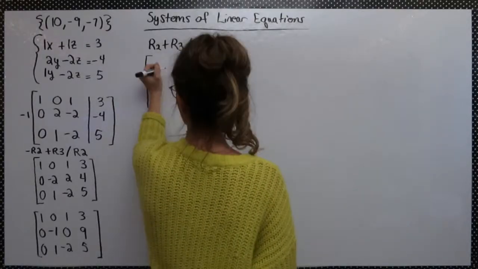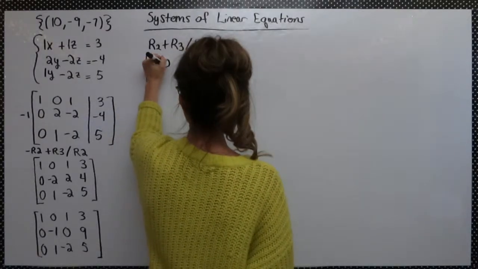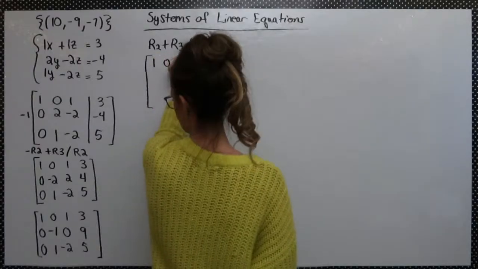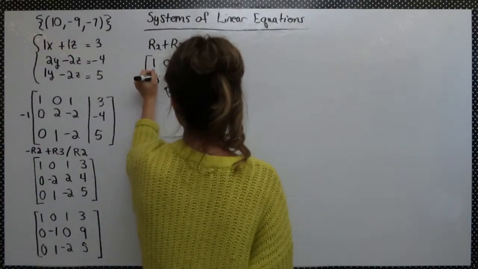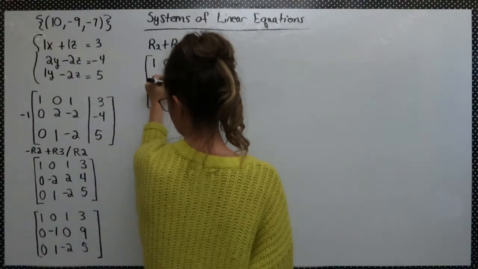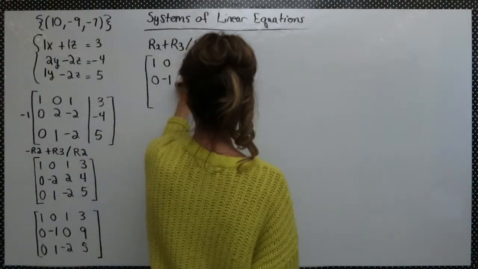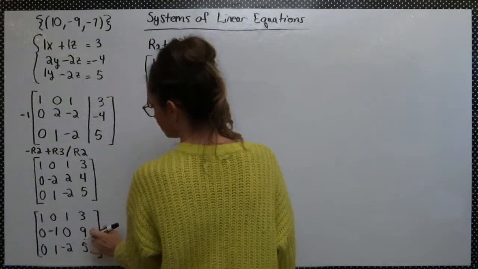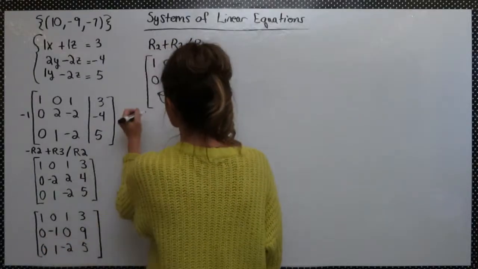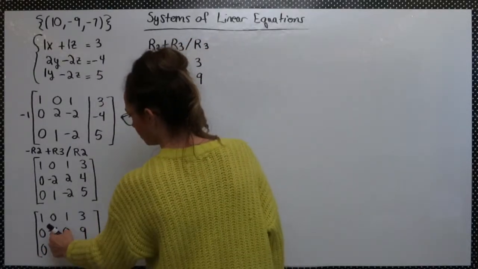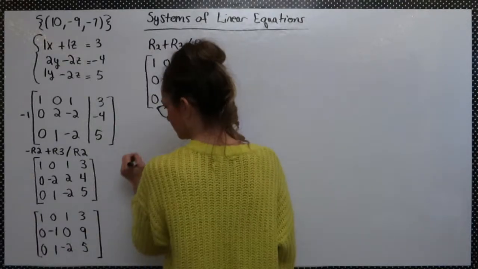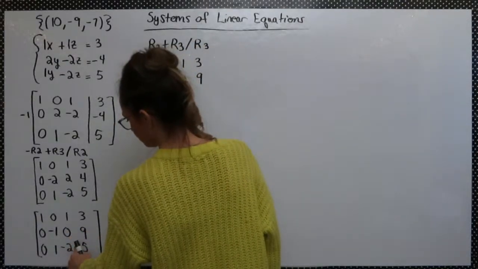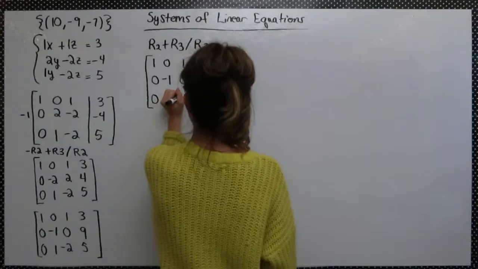All right, so we've got 1, 0, 1, 3, and 0, -1, 0, 9. And then adding these two rows, 0 plus 0 is 0. -1 plus 1 is 0. 0 plus a -2 is -2.